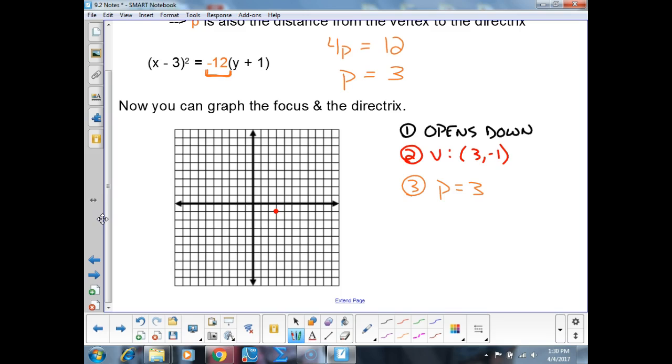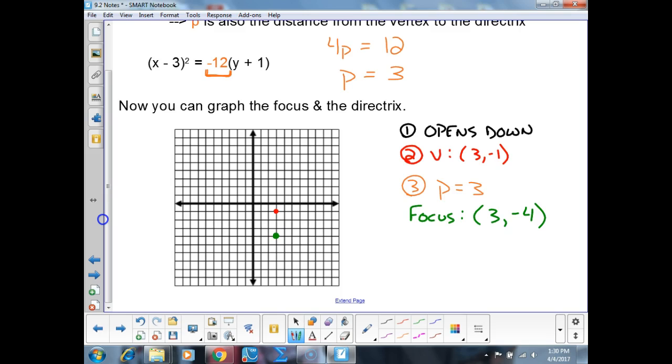So I go down 1, 2, 3. So right there is my focus, which would be at the point (3, -4).